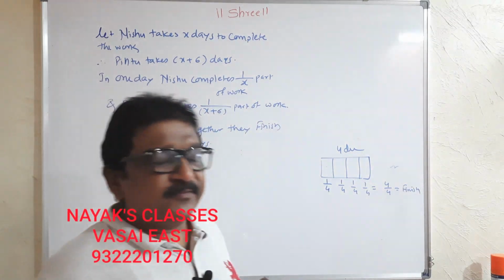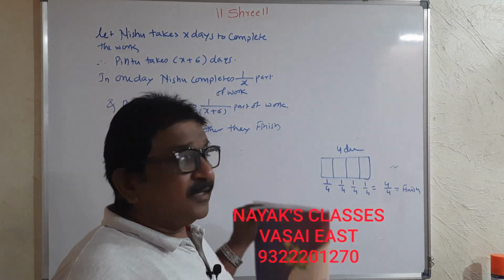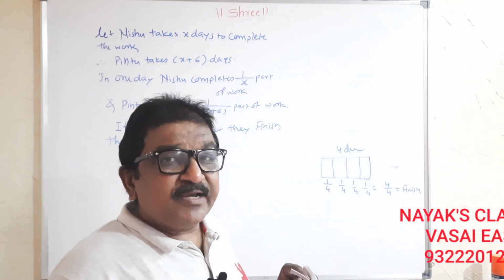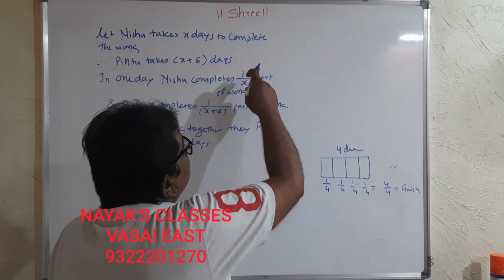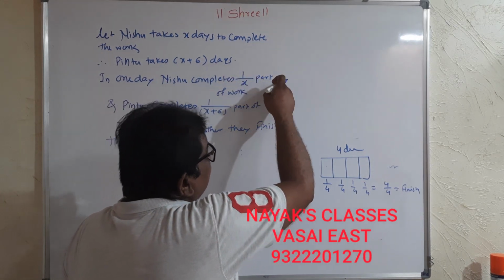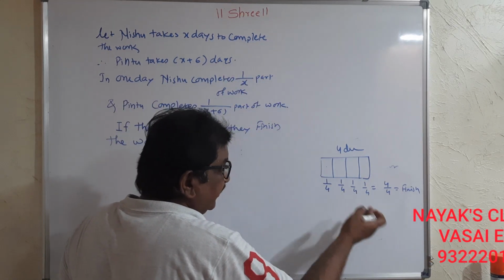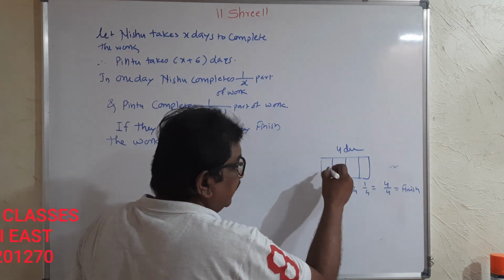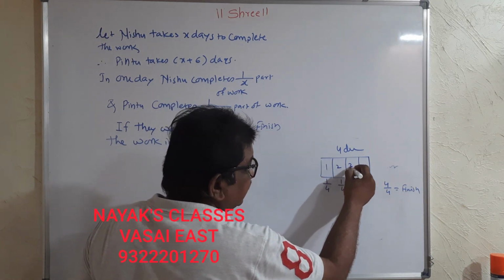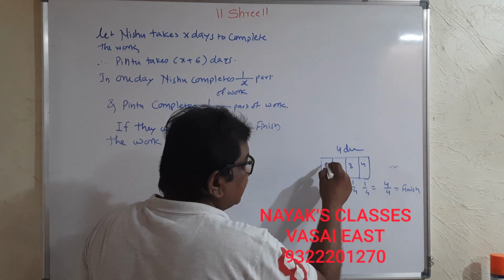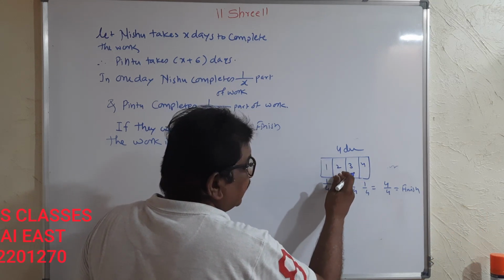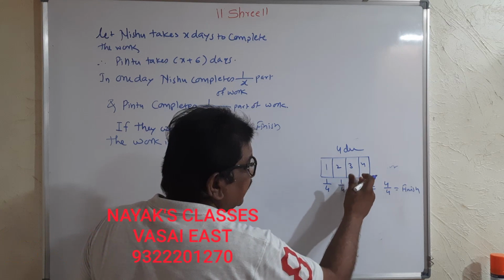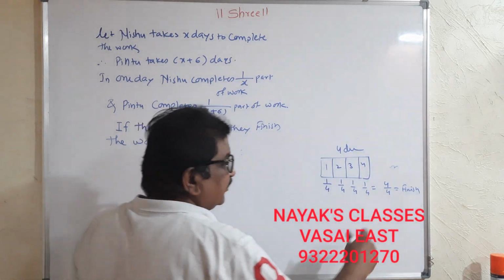Understand this concept? In 4 days, they are completing full work. In the same fashion, we have taken 1 upon x part. In 4 days, full work. So day 1, day 2, day 3, day 4: on the first day, second day, third day, 1/4 part, 1/4 part, 1/4 part, and 1/4 part, they are going to finish.